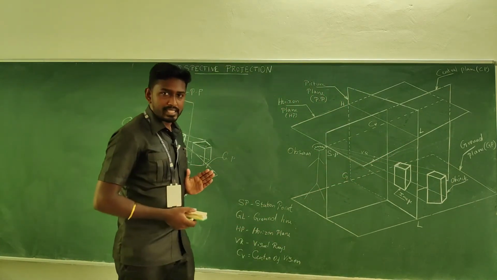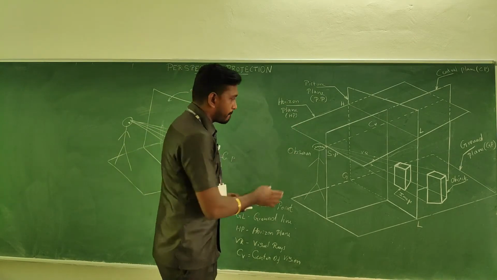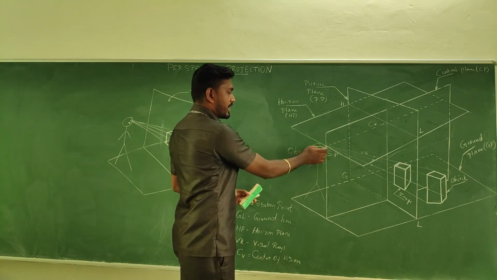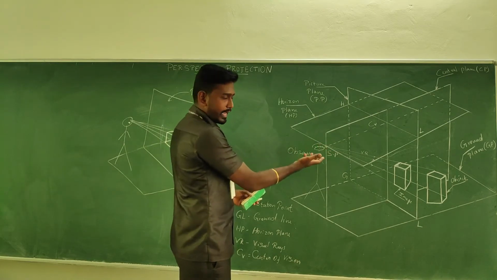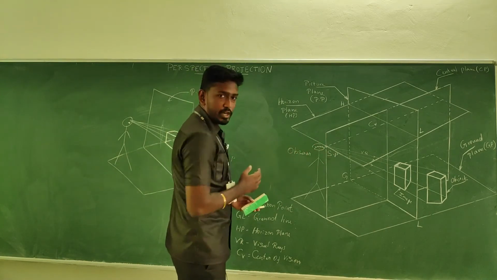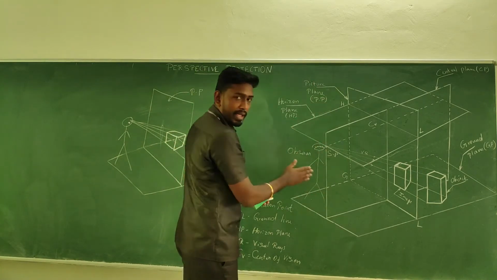Okay, and one more thing is there which is called the center plane. At the station point, the observer point, we can call it the level of eye, or else we can call it the station point SP, in which there is a vertical plane.